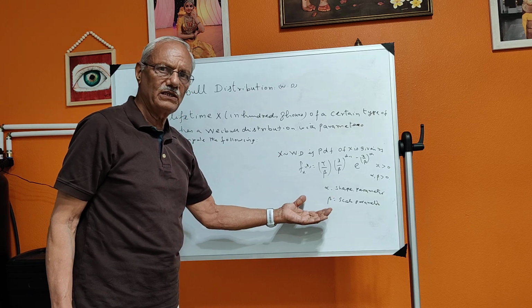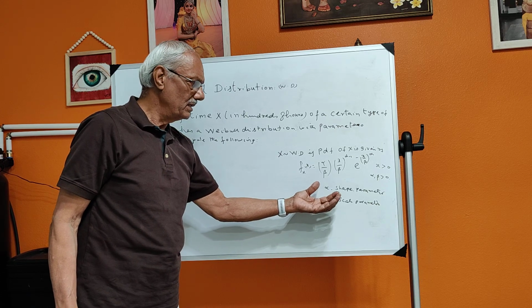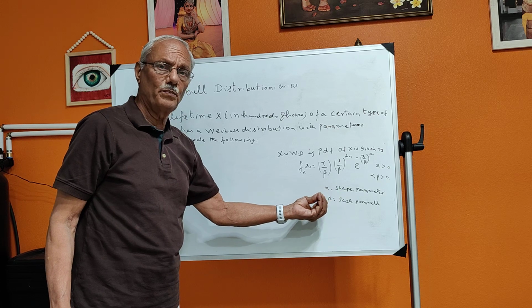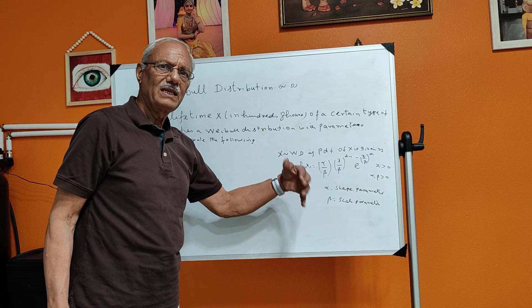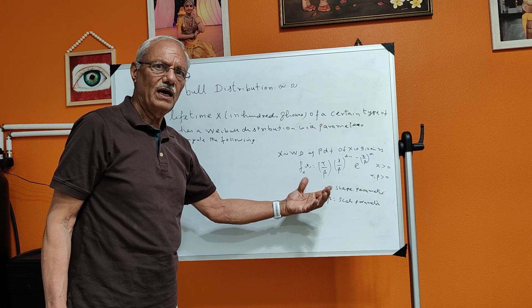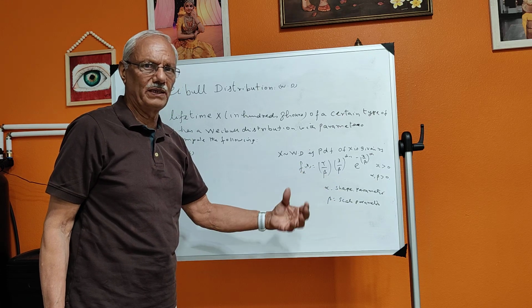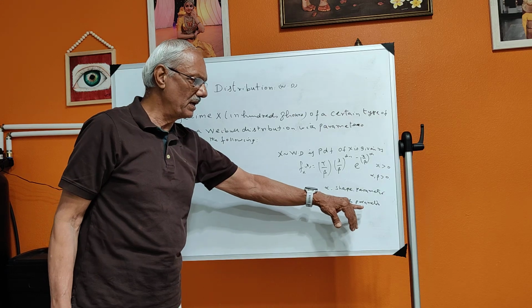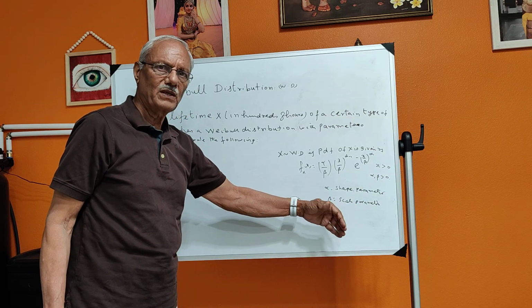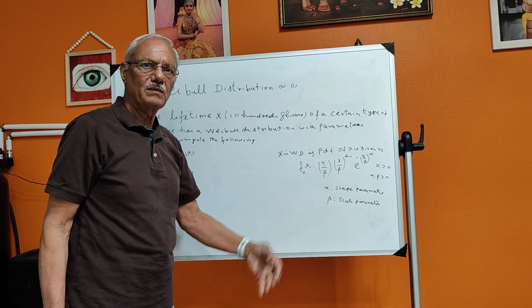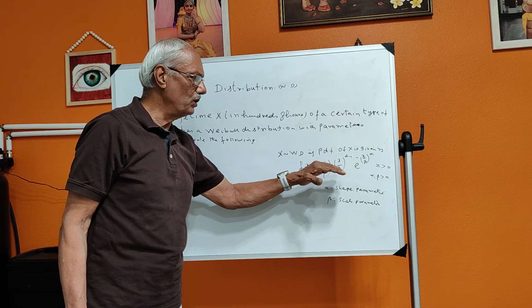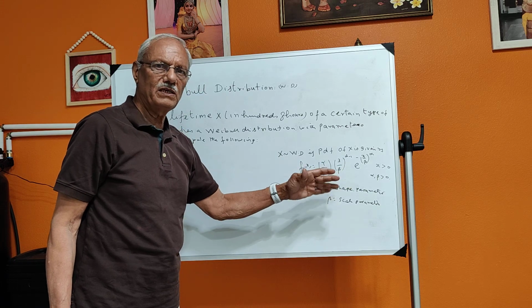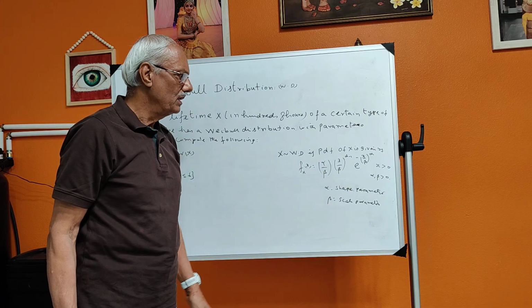And if alpha is greater than 1, then the probability of the components will be affected because of the aging and also the wear and tear of the components. And beta is a scale parameter which talks about the length of life of the components. So these are important to be known about the parameters alpha and beta.